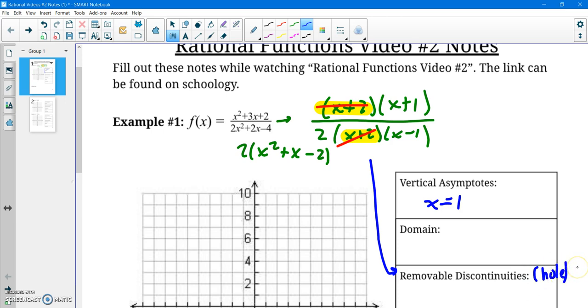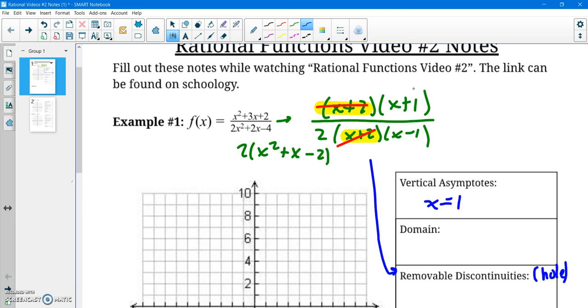So basically you can cancel it out and ignore it, except just at the point x equals -2, you get a hole in the graph. It's a super small hole. If you type this into your graphing calculator or Desmos, you wouldn't even see it. It's a super tiny hole, just at that one point.